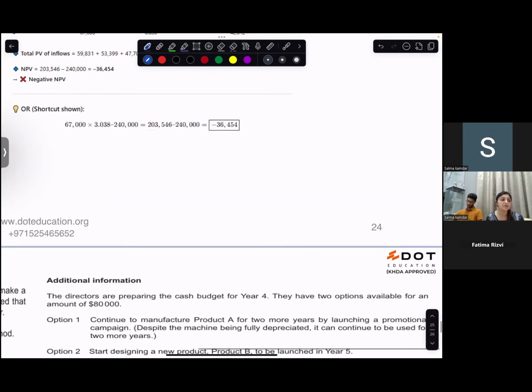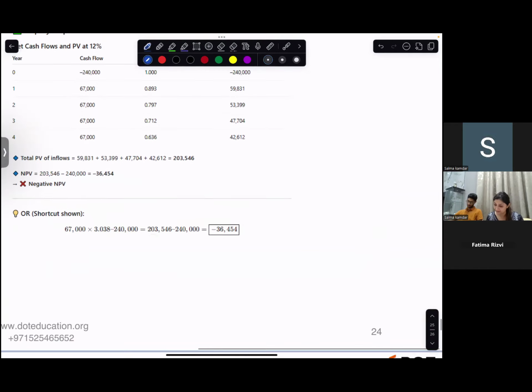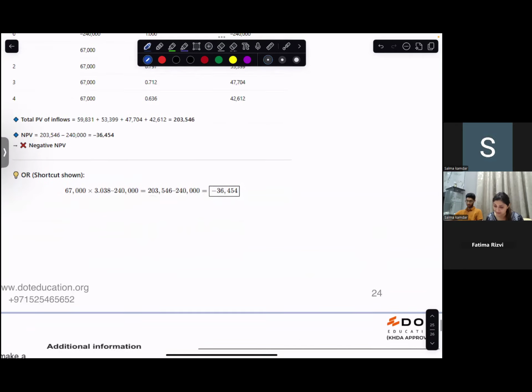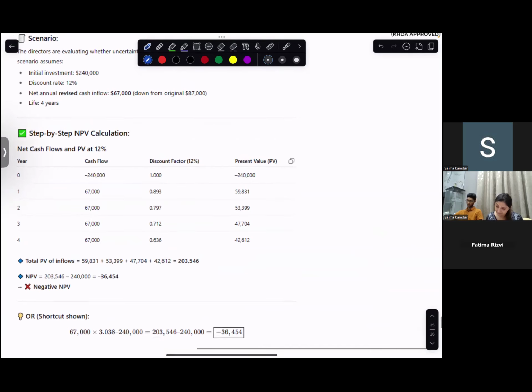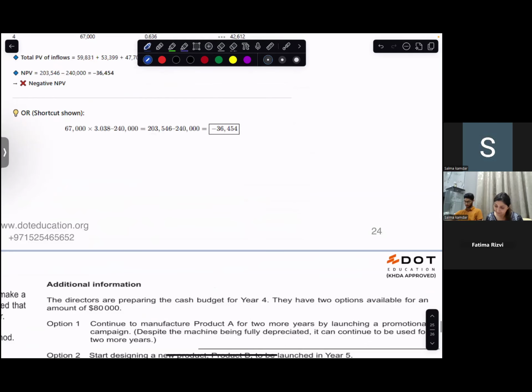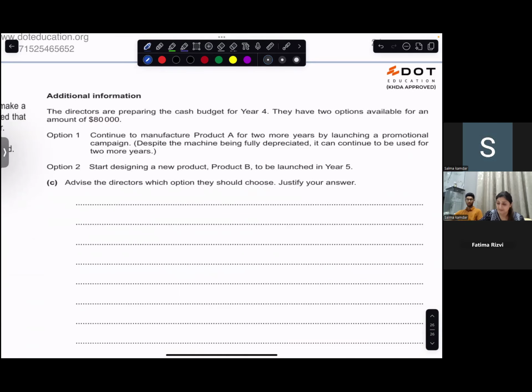They have 2 options available for an amount of 80,000. What is this 80,000 amount that they're telling? It's the cost, right? First, our inflow was 87,000, right? Then the inflow became how much? 67,000.